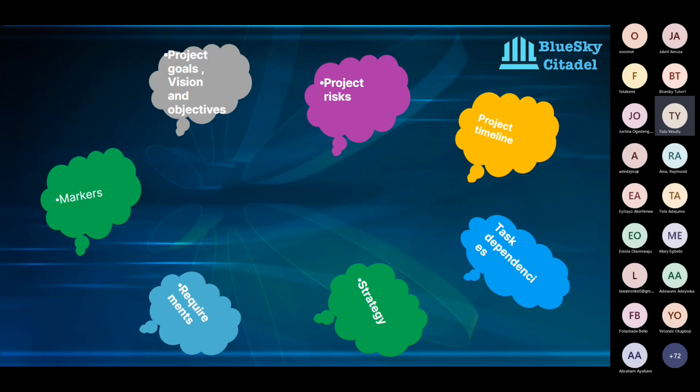So creating your roadmap using whatever tool, again, I will explain the different tools that I know that you can use to create roadmaps. It helps with that as well.